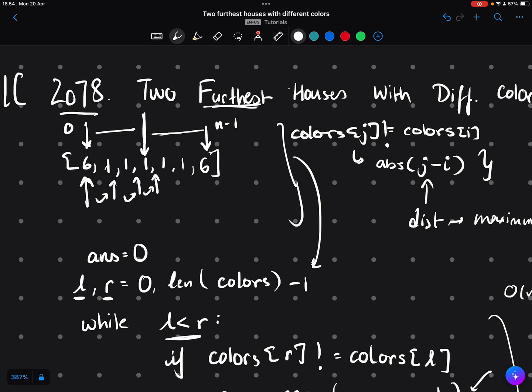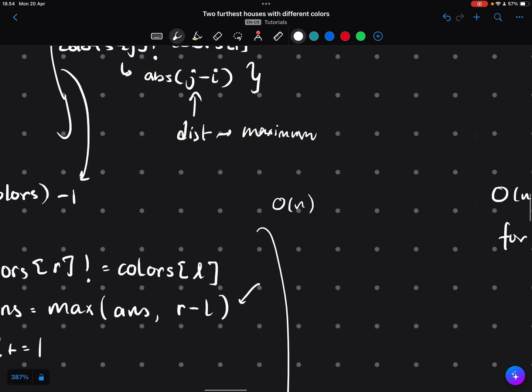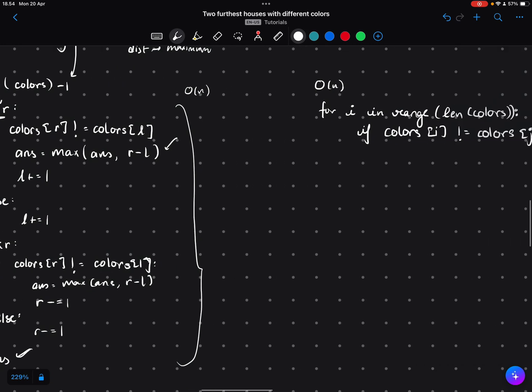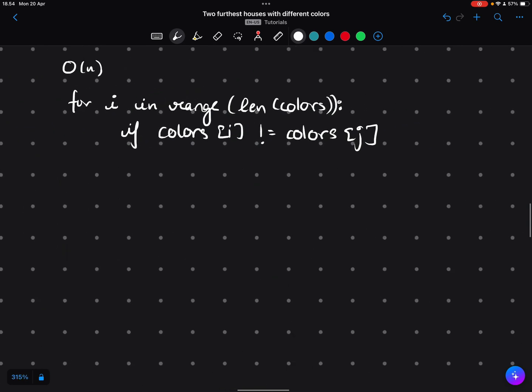If it's not equal to n minus 1, we'll calculate the distance. This way we can keep track of both sides at the same time. It's just a more efficient version of this, because even in this we hold L and R to be the constants, and we move L in one case, R in the other. Now we just do distance calculations simultaneously.